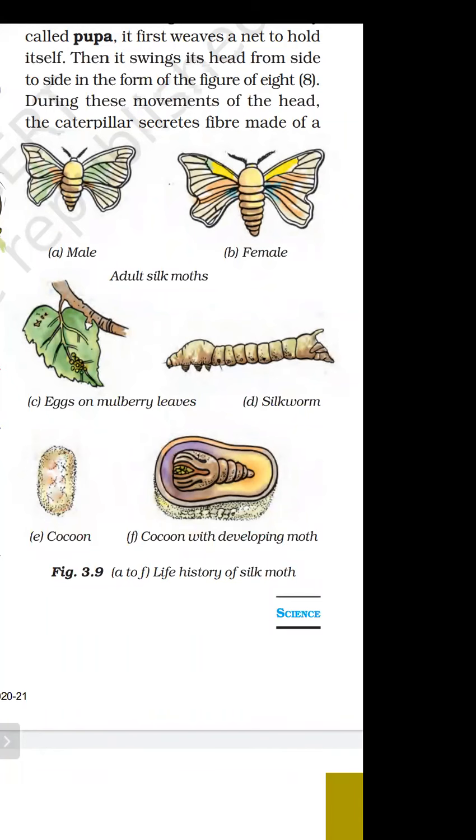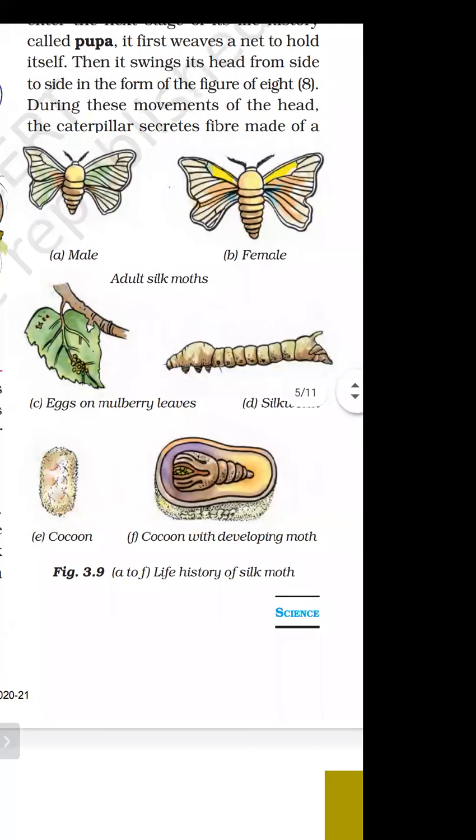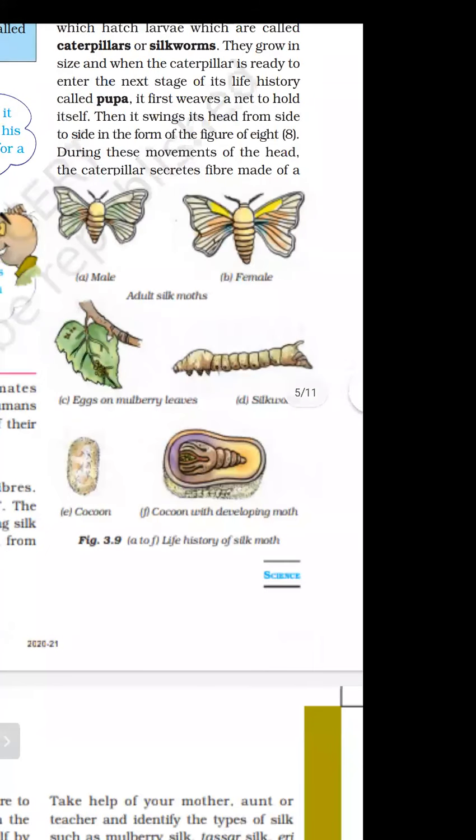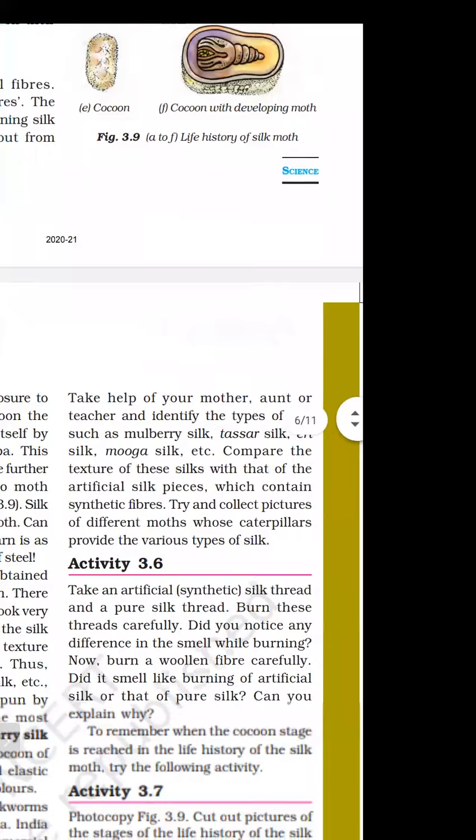That developing moth will convert it into a cocoon, means there is a hard outer covering, and when this cocoon bursts, a butterfly-like shape is coming from the cocoon. So this is the life history or the life cycle of the silk moth. With the help of this diagram, you can understand this very well.